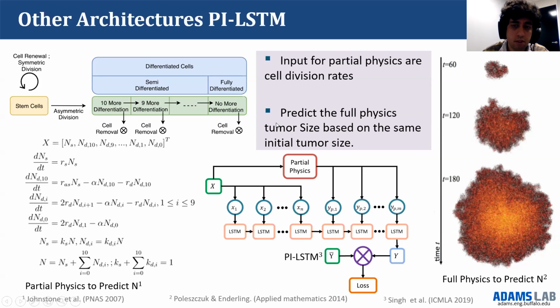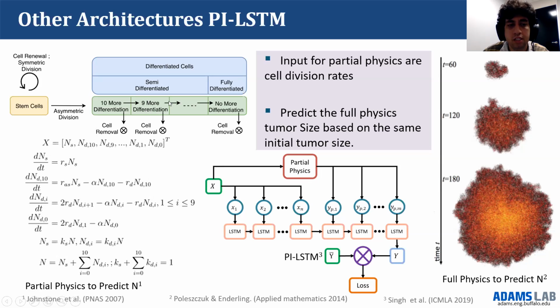The part that I had in this project was mostly about the samples and making the model. So we made the ODE-based equations for cancer growth, avascular tumor growth, that use the idea that we have some stem cells, they have a symmetric or asymmetric division, and then we get semi-differentiated cells. And semi-differentiated cells, unlike stem cells, have limited age.